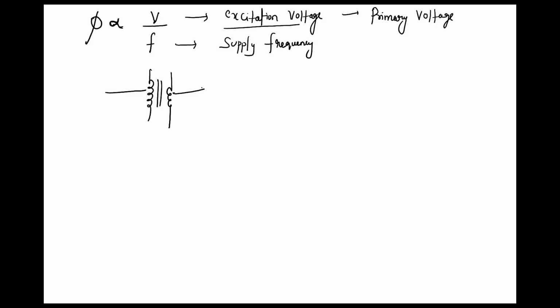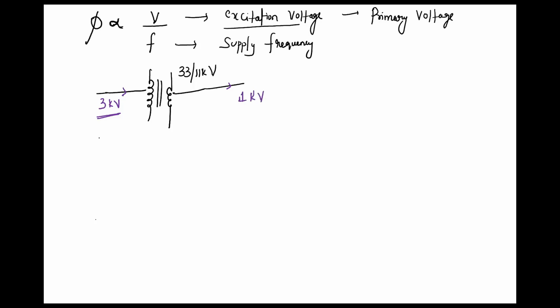Let us assume it is a 33 by 11 kV transformer. Initially, suppose I am applying 3 kV, then what will be the output? Can someone tell for 3 kV what will be the output of the transformer? 1 kV.